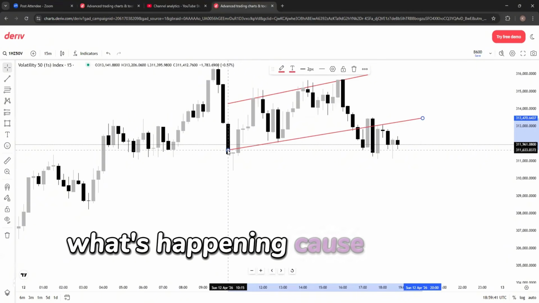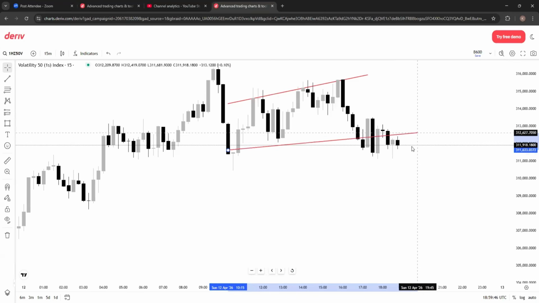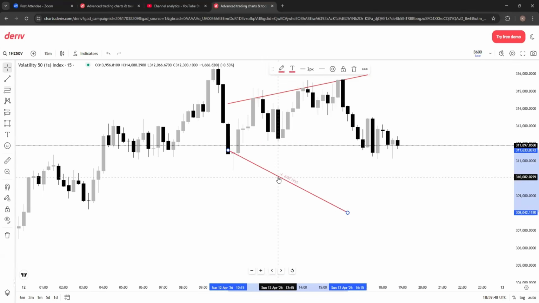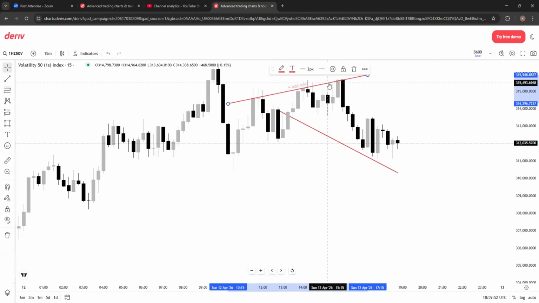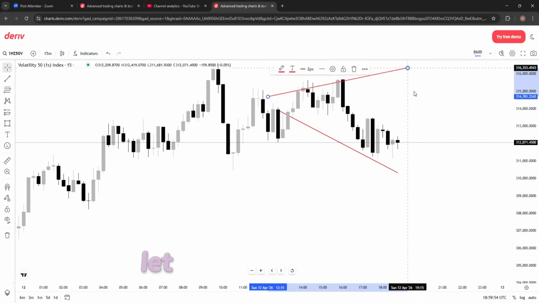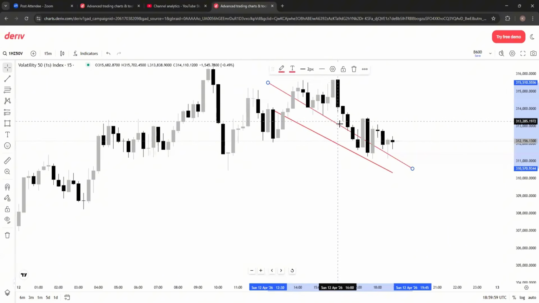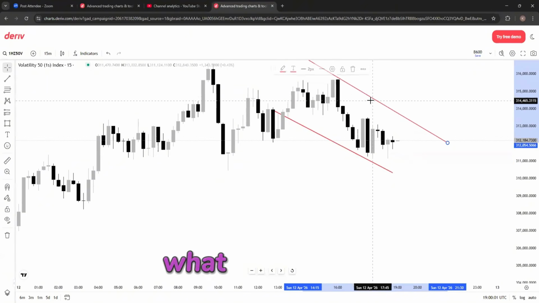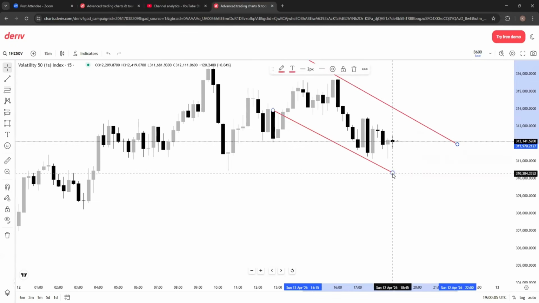What's happening? Because if I come and I do this, right? And I do this, let me mark it like this, right? What you're basically going to have is a potential flag formation here.